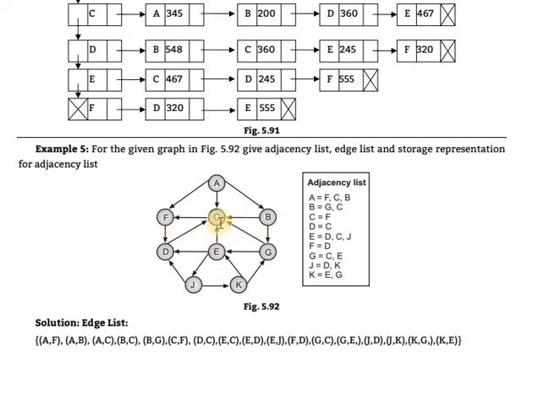C to F, D to C, E to D, E to C, E to J. After that F to D, G to E, G to C, J to D, J to K, K to E, K to G. These are the edges list.